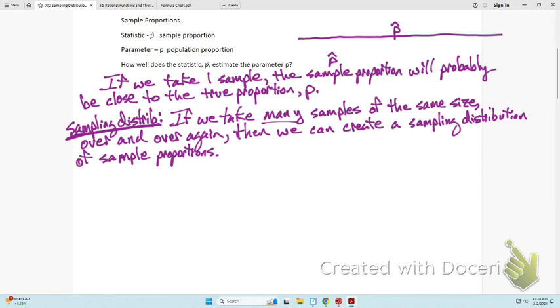They're all going to be between 0 and 1, right? It doesn't have to fall dead center. I take another sample, I get another sample proportion. I do it again, I get another one. What if I get one way out here? It's like out of control. But I do this many, many times. Slowly, these P hats are going to start to pile up and create a bell shape.